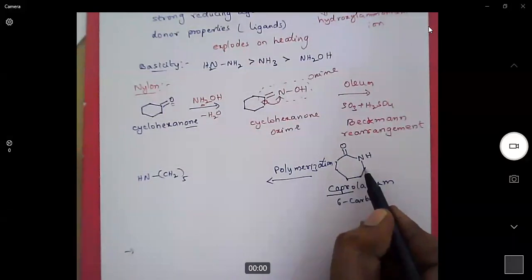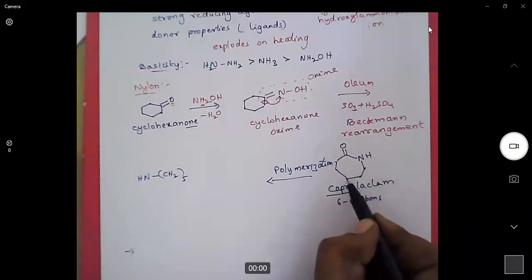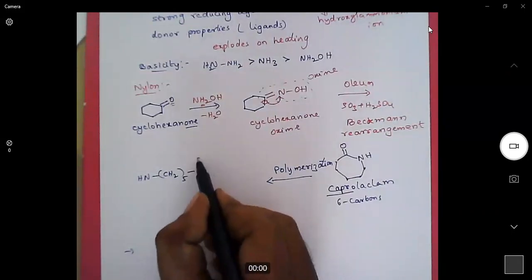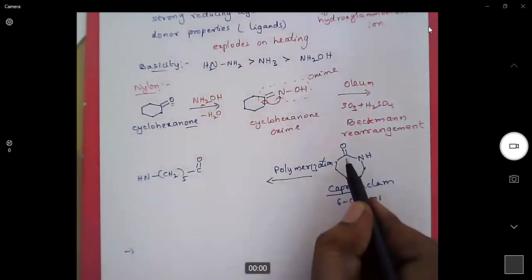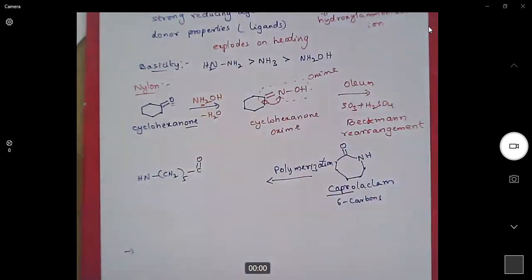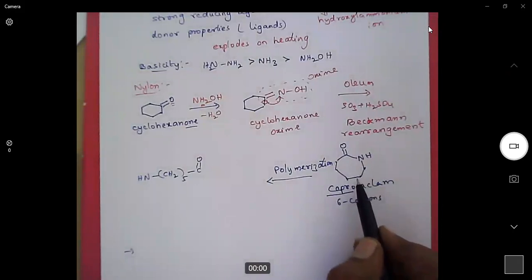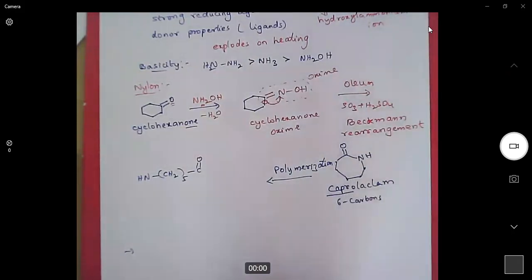This is a CH2 unit. 1, 2, 3, 4, 5 such CH2 units. Then there is CO. Now what is polymerization? There will be n number of monomer units. Monomer means this is a monomer. There will be n number of monomer units which will undergo bond formation among them and generate a large molecule which is called a polymer.